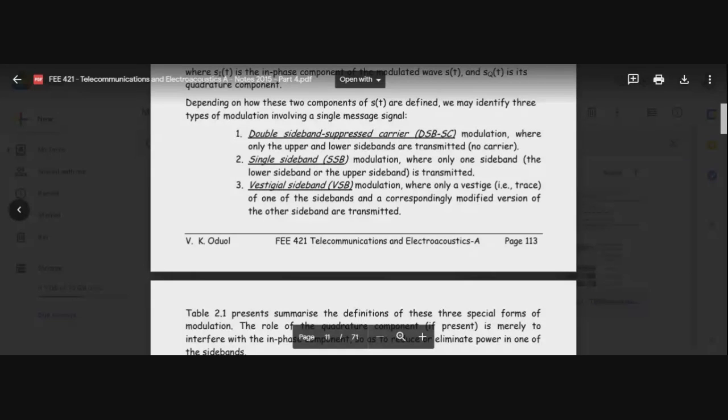In obtaining a single sideband, you start off with a double sideband suppressed carrier, and you use a filter to select one of the sidebands. The filter characteristic in frequency will be a bandpass filter with sharp cutoff frequencies.